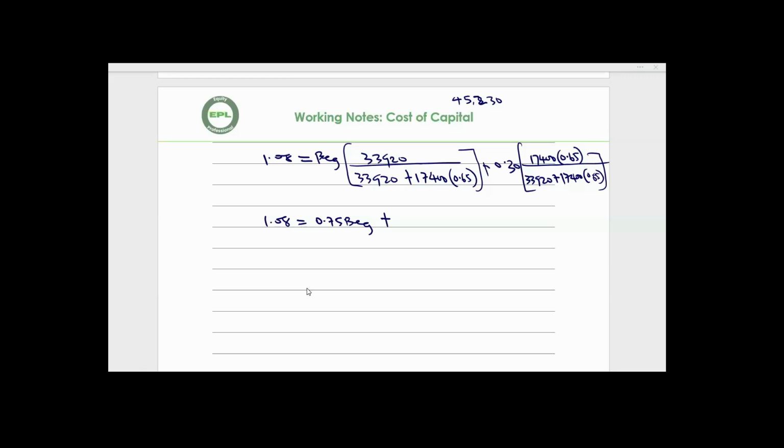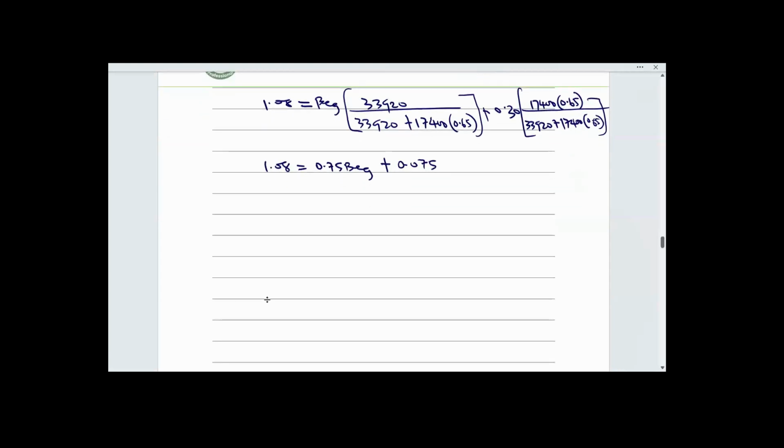That's 0.075. Here is 0.075. Okay, so what do we do? We collect like terms. Therefore, 0.75 BEG is equal to 1.08.